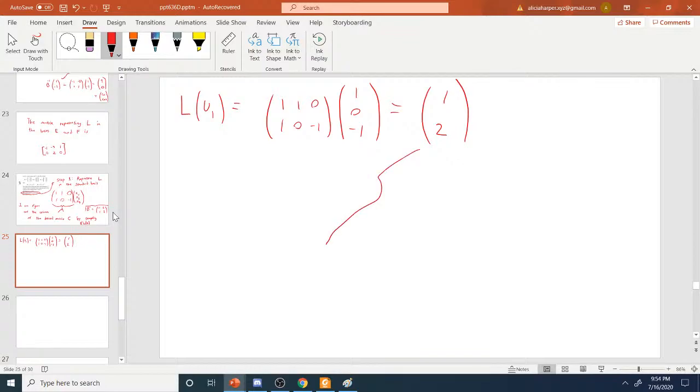So I take the 1, 2, and then multiply it through by the matrix negative 1, negative 2, 1, 1. And what do I get? I get negative 5 in the first component and 3 in the second component.